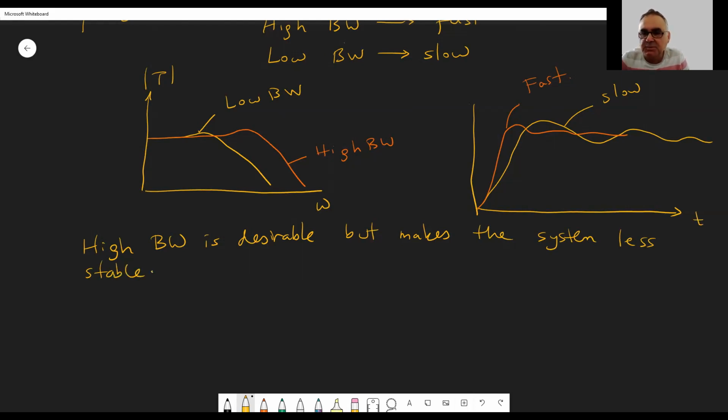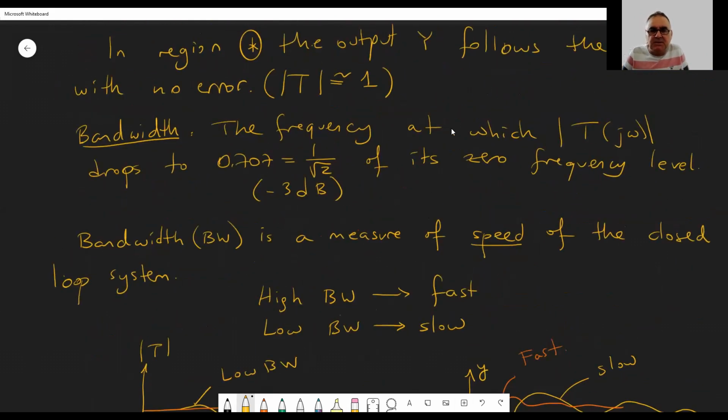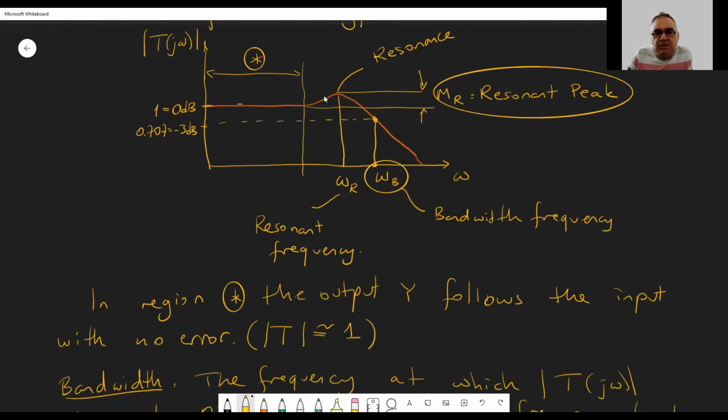This is the time response. So there is always a compromise. You have to compromise, and there are limits to your increasing the bandwidth. This is bandwidth. The second thing we were talking about was this resonant peak, okay?